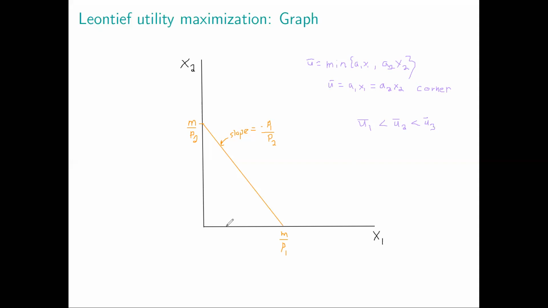So if we do this, we'll have something like u bar 1 over a2, u bar 1 over a1. We got this here. And we can graph our indifference curve.